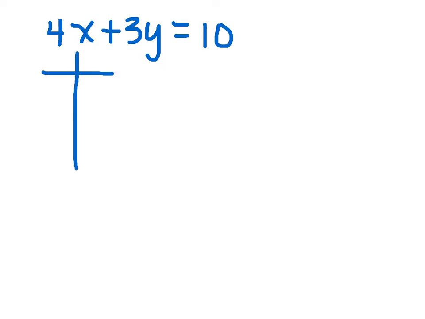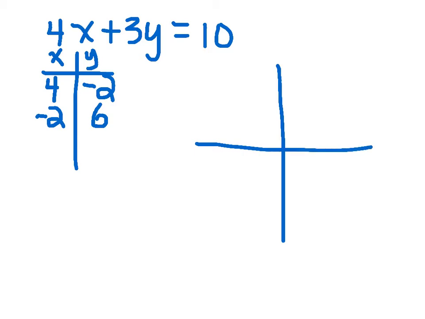as sort of like a function machine. If I plug in 4 for x, the other number that came out was negative 2. When I plugged in negative 2 for x, the number that came out was 6. So part of your homework is looking at what are essentially function machines, doing the math by evaluating for different numbers of x, and then going to your coordinate plane and graphing them.